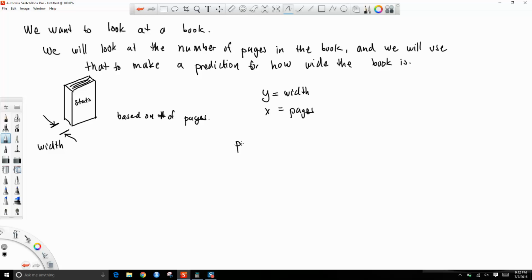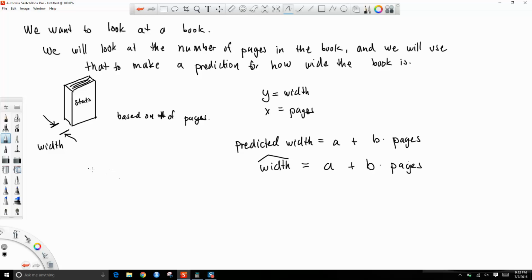We can write predicted width is equal to a plus b times x, which is pages. Or I can write width hat is equal to a plus b times pages.